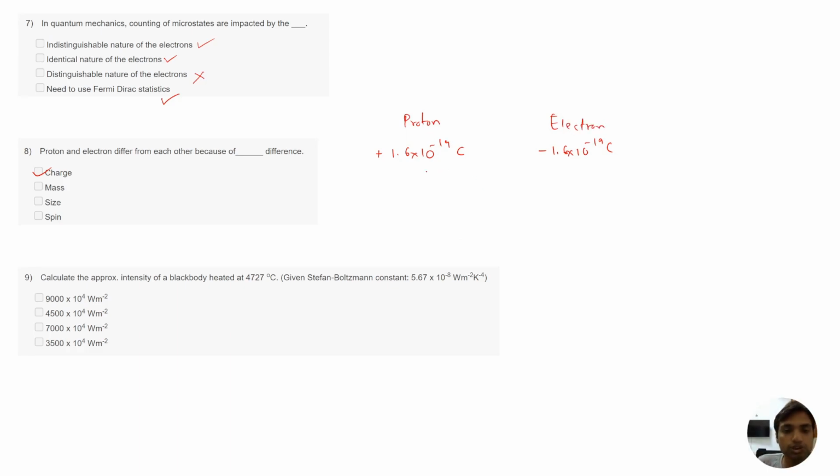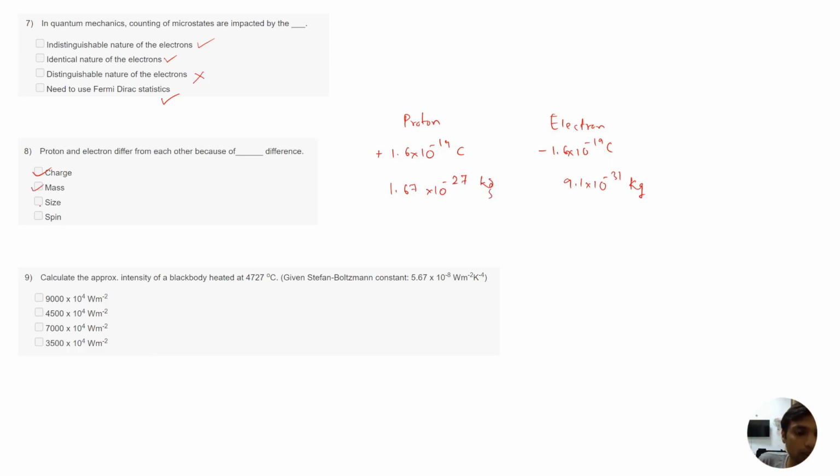In mass also they vary. The mass of an electron is 9.1 into 10 to the power minus 31 kg, and the mass of a proton is 1.67 into 10 to the power minus 27 kg.